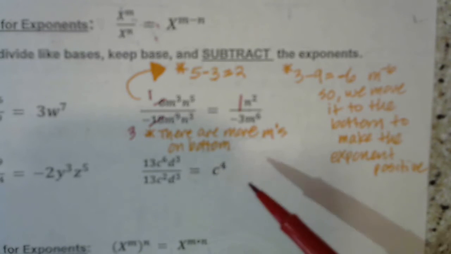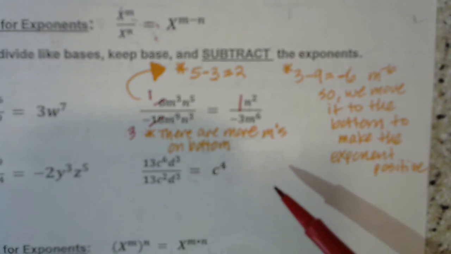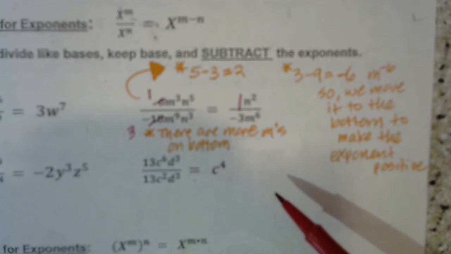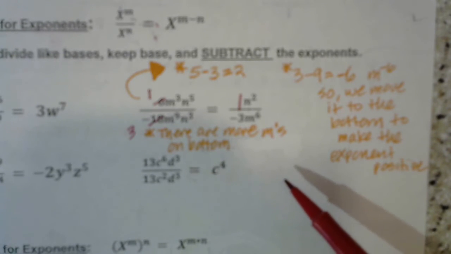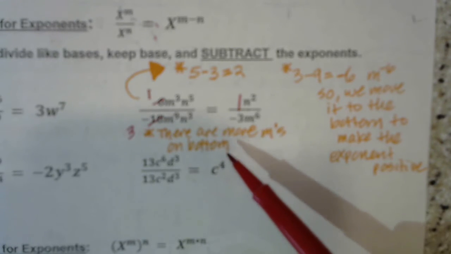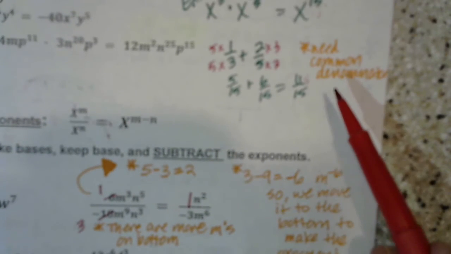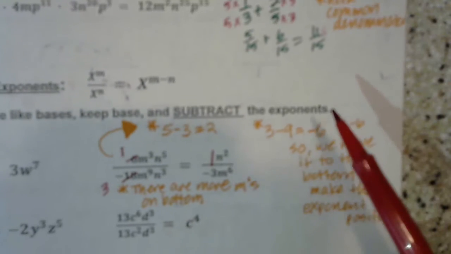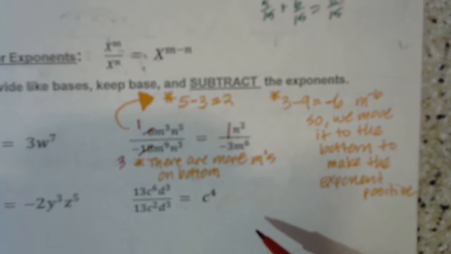But you will still have to deal with this a little bit, so you'll see why I included it a little bit later. Only a few times will you have to subtract fractions. If you have to subtract fraction exponents, guys, you still need a common denominator, right? It's just you don't see it a whole lot.